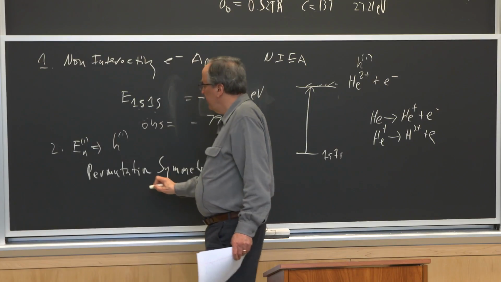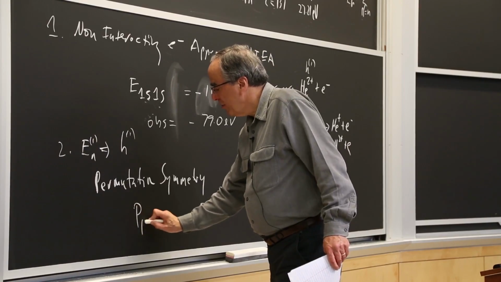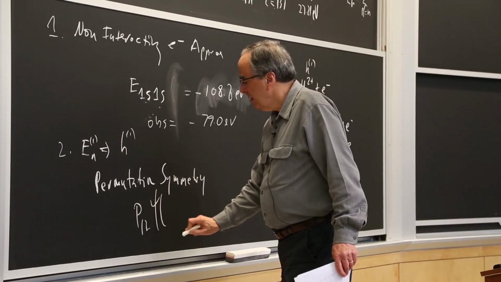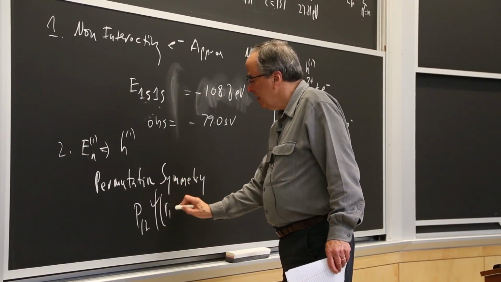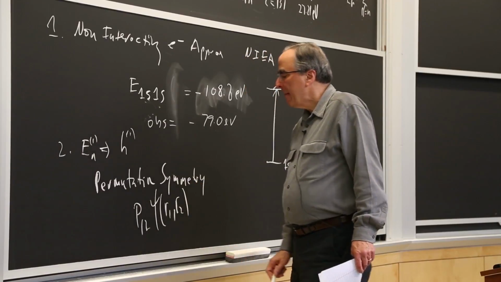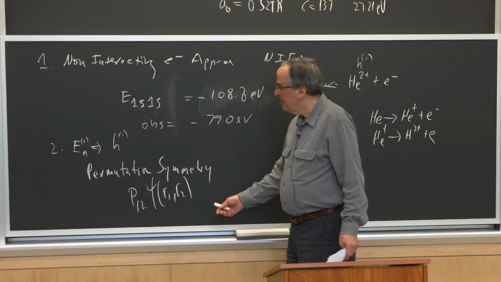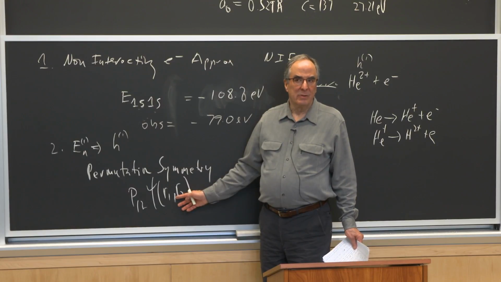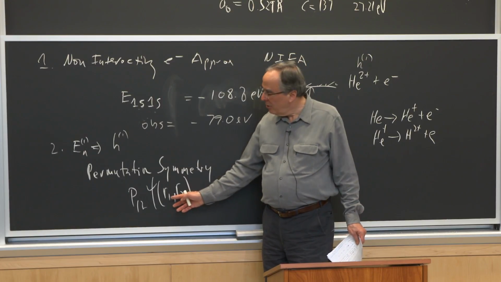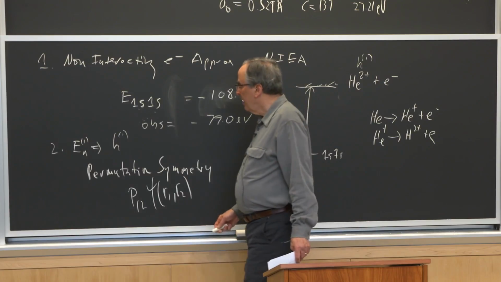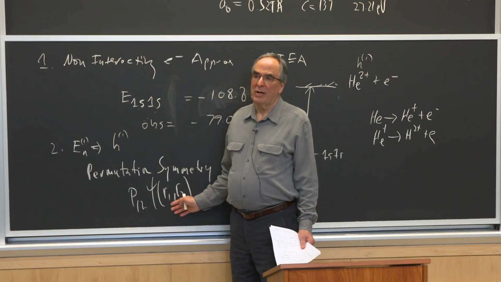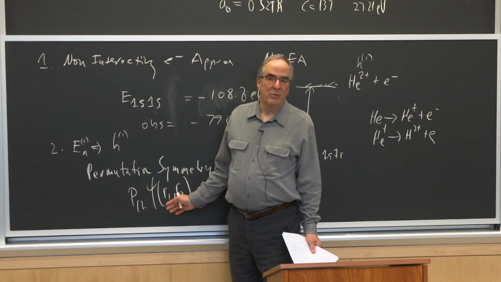So we have this mythical operator, P12, operating on some function of R1 and R2. What it does is it permutes the electrons. We know that if something is operating on the names of the electrons, it has to commute with the Hamiltonian.